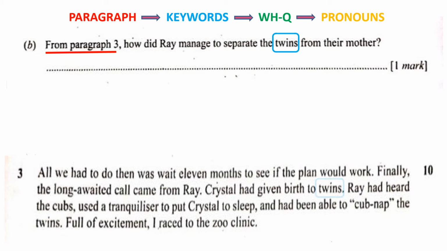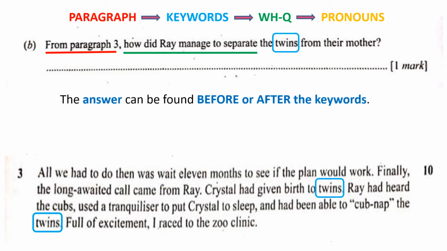There are two mentions of twins there. So the answer can be anywhere in this paragraph. Let's look at the WH question. How did Ray manage to separate, asingkan, pisahkan kembar tu daripada emak dia?